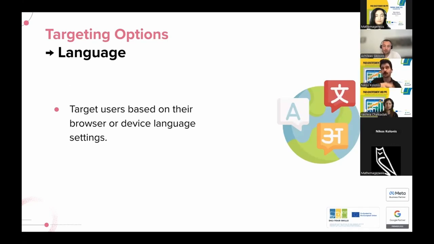For example, you might want to target Chinese tourists in Athens. So you choose Athens as the location, and then you choose Chinese as your language. So this won't be shown to everyone. It will just be shown to people that have Chinese on their phone or social media, etc.